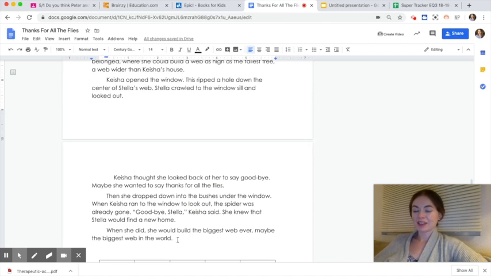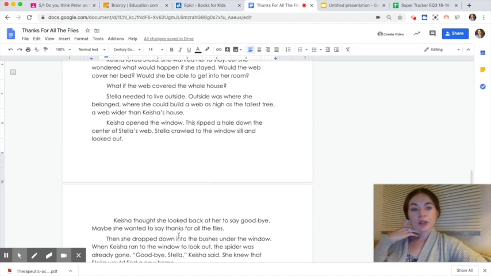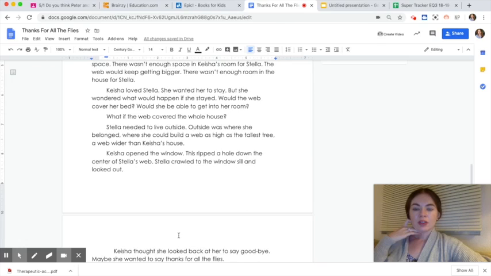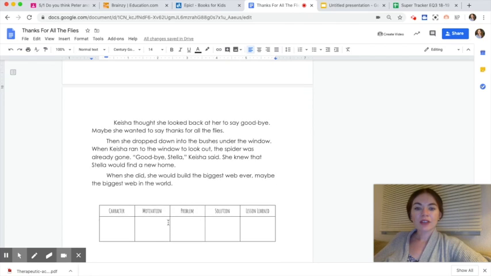The end. Wow, I really enjoyed that story about Stella and Keisha. So the last thing that we're going to do is you are going to use the actions of Keisha and Stella to identify the solution of the story, and then also think about your lesson learned.